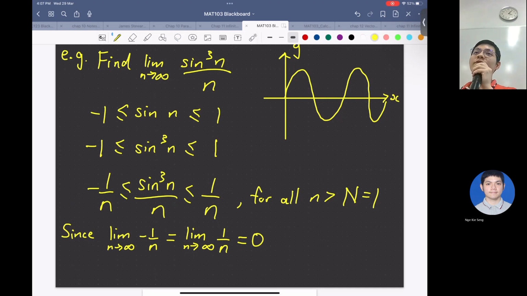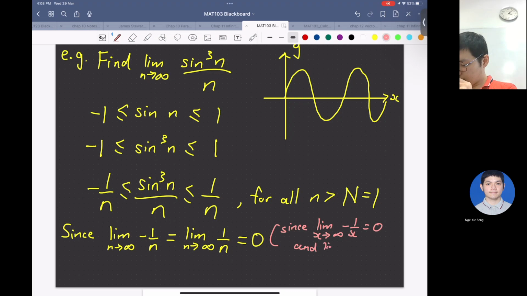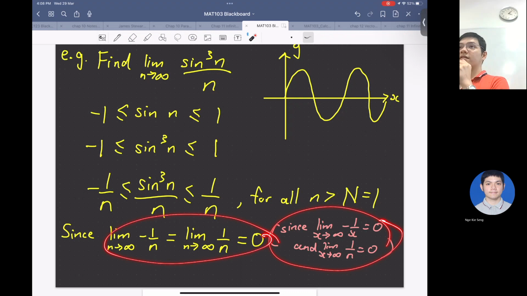Actually, when you want to put all these things out, you should say since the real function limit as x goes to infinity of 1 over x is 0, and so the limit as n goes to infinity of 1 over n is 0. If you are really rigorous, you should start from here and then conclude this.